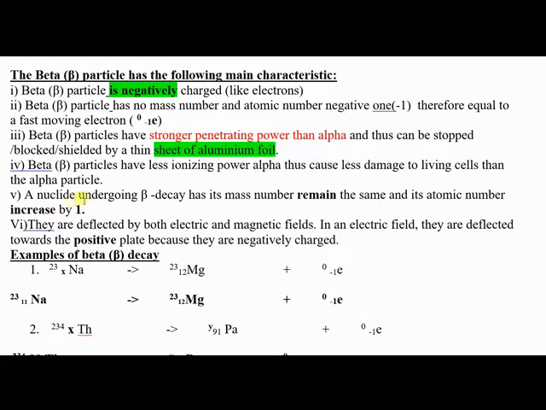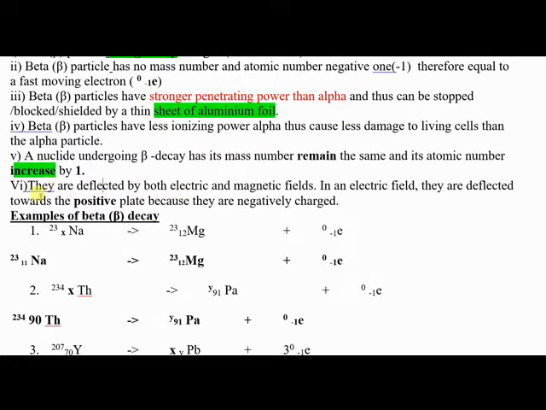So during the decay, if the decay is a beta particle, the mass number will not change because it is 0. We have said that. But the atomic number will increase by 1. Not reduce. Remember that. Increase by 1. Very important.